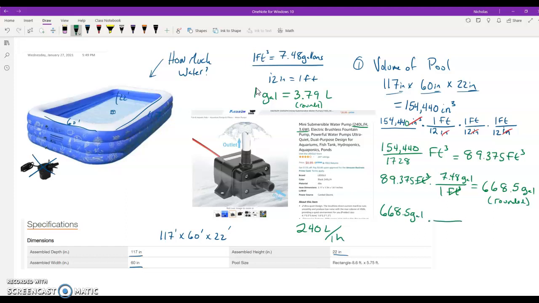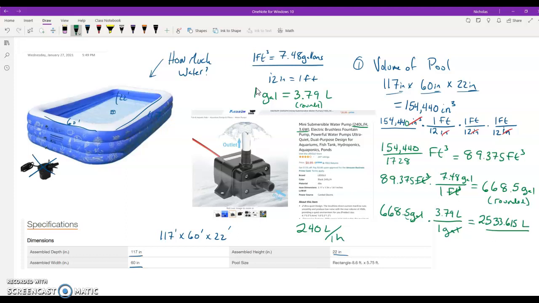Well, we're going to put gallons on the bottom, right? And we know there are 3.79 liters, right? And that would give us, again, our gallons are going to cancel. 668.5 times 3.79, 2,533.615 liters in that pool.